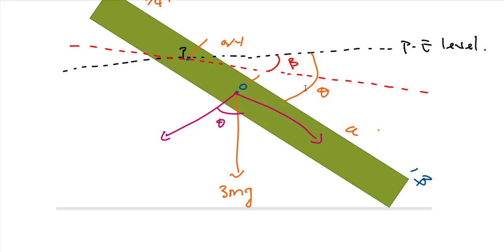If we resolve 3mg with respect to theta, this component will be the cosine component. So here we will have 3mg cos theta, and here we have 3mg sin theta.